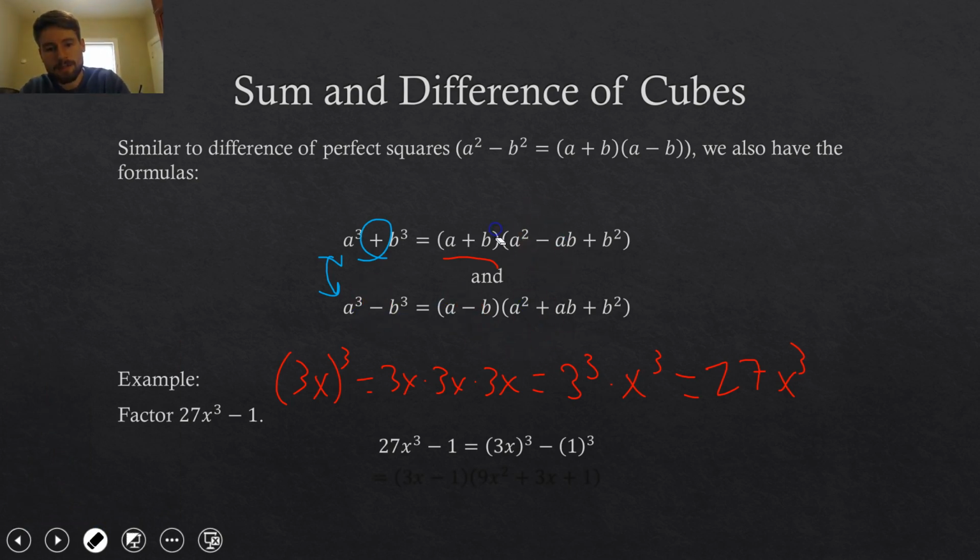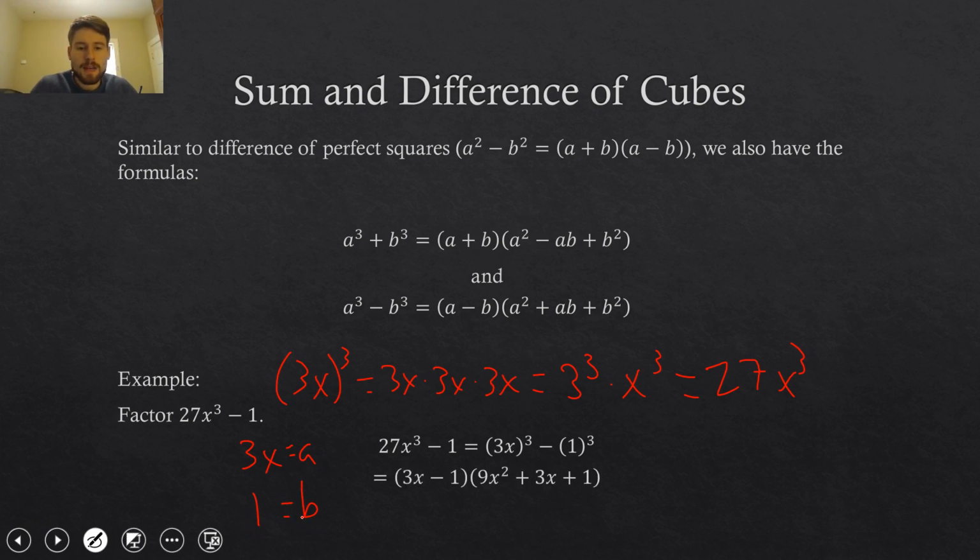We have 3x as a, and 1 is b. So we can plug those numbers into our difference of perfect cubes formula, and that gives us 3x minus 1. This is a minus b.